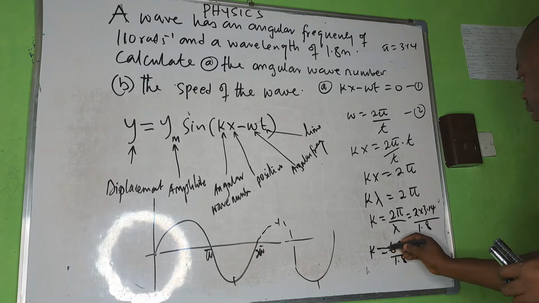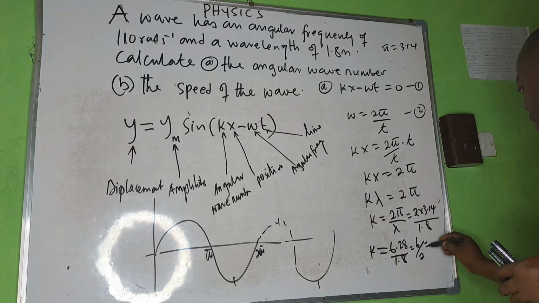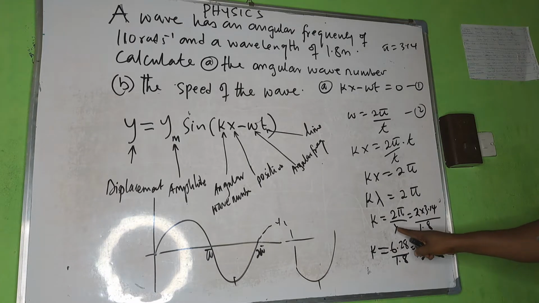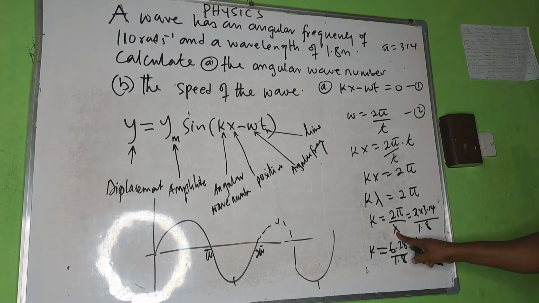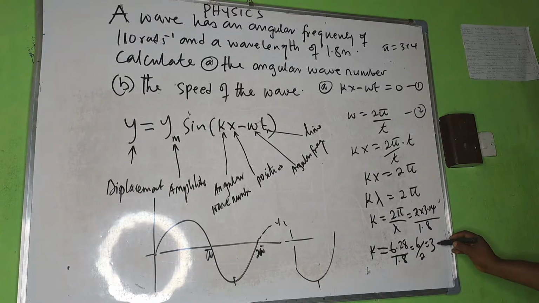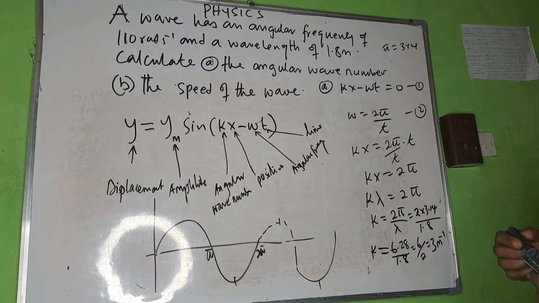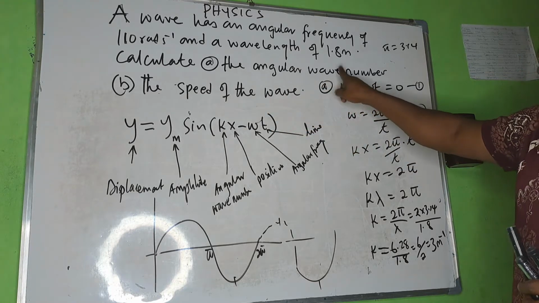Let me just approximate this to the nearest whole numbers, since I have no calculator. This is 6 over 2, so k is 3. What is the unit? Lambda has the unit meter, so it's 3 per meter. That is for the angular wave number.